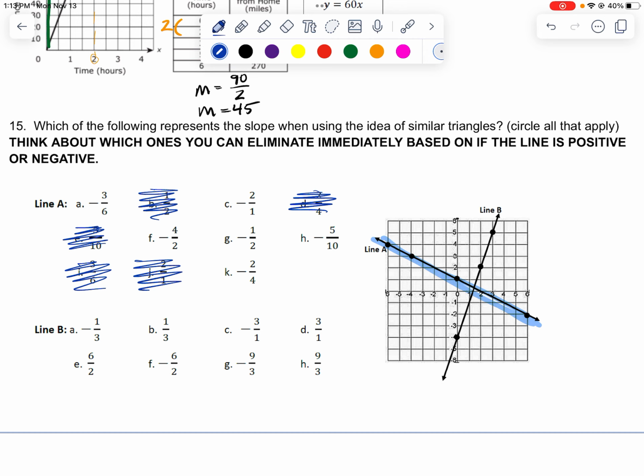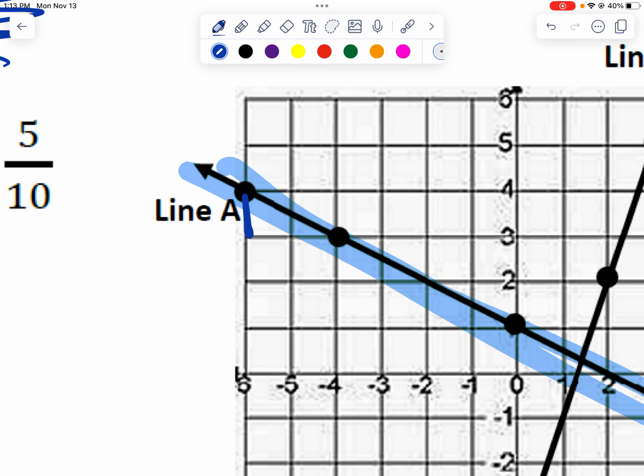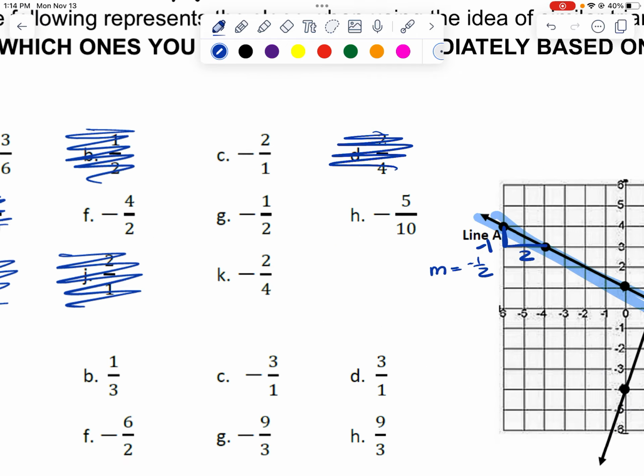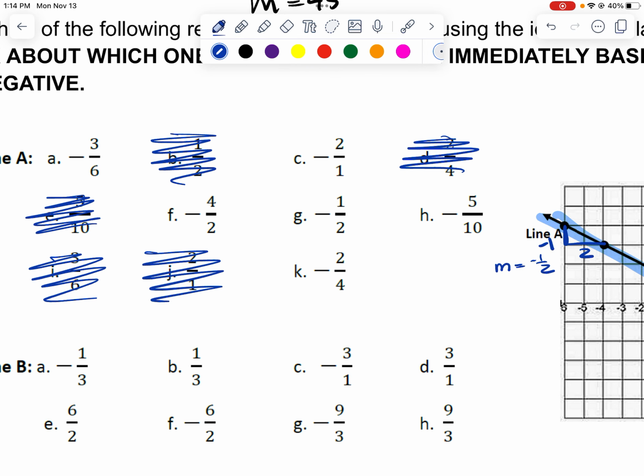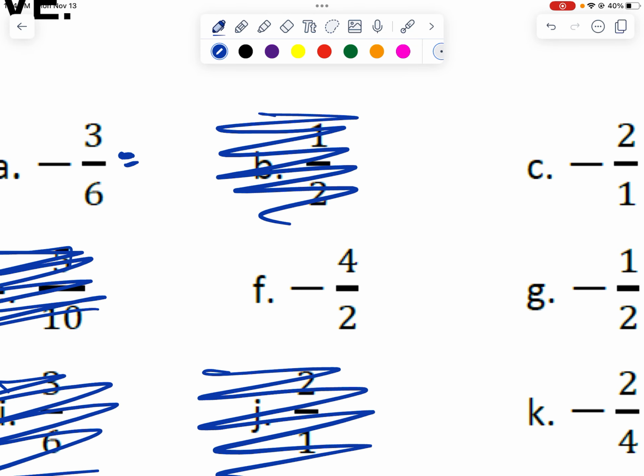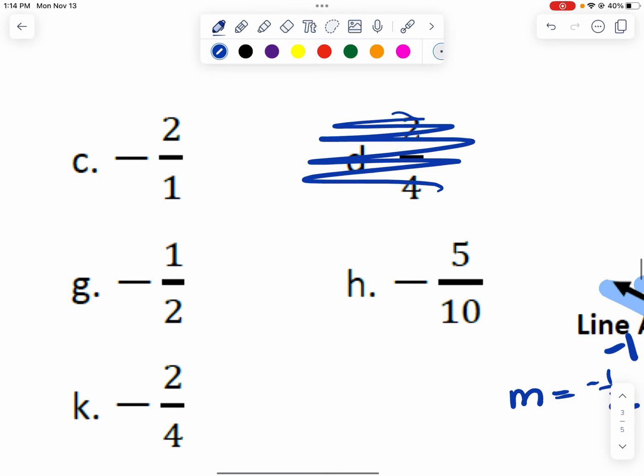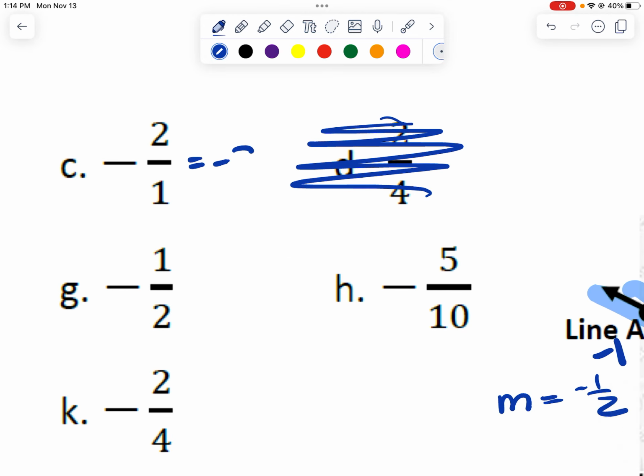So now I want to find the slope. So this is down 1, it's over 2. So the slope is negative 1/2. So I want to see, do these fractions simplify to negative 1/2? Let's look at this one. Negative 1/2. Yep. This one works. Let's look here. That would go down to negative 2.